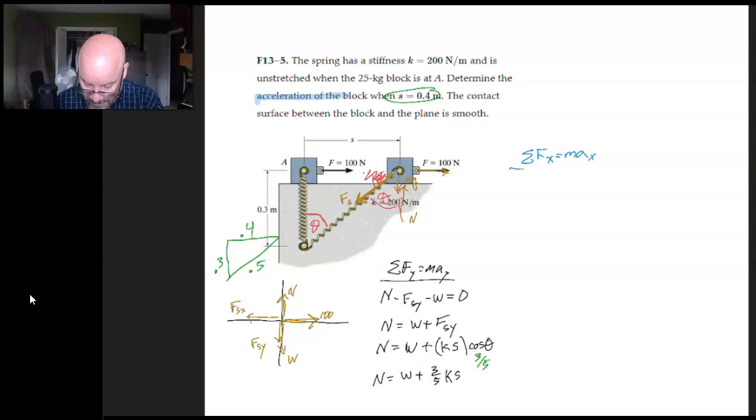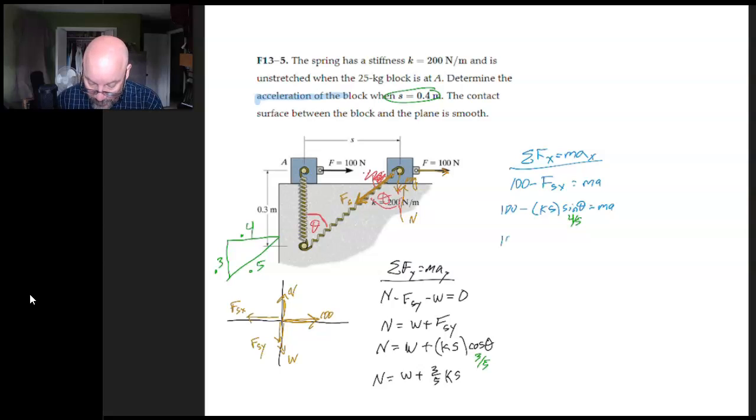Sum of our forces is MAX. Look at my free body diagram. I've got 100 minus FSX, and that's my MA, which is what I'm looking for. So 100 minus KS. It's going to go as the sine of theta. But in this case, the sine of theta is 4/5.